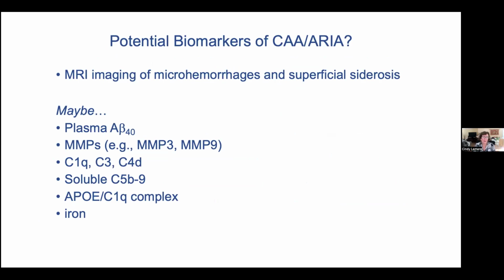But I think there's also potential for measuring plasma A-beta-40, looking at MMP9 and MMP3 in the blood, perhaps measuring C1q, C3, and C4d in the blood, or the CSF, and then looking at soluble C5b through 9.